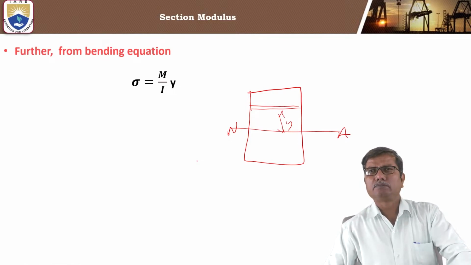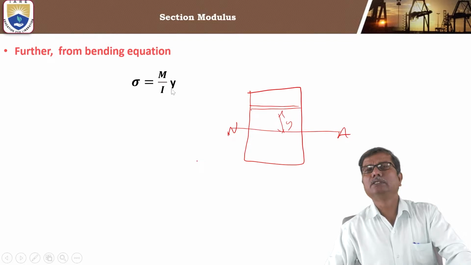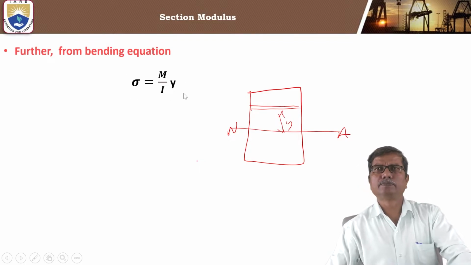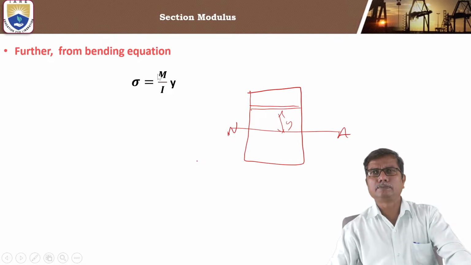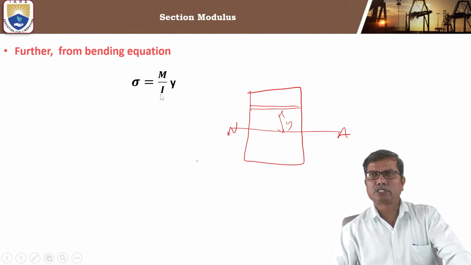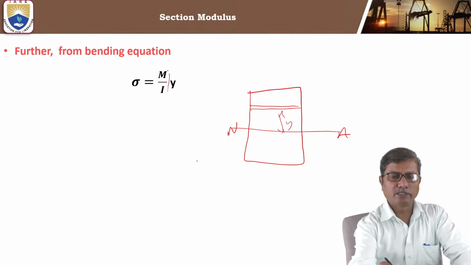From this equation it is clear that sigma is directly proportional to y, because for the given loading and cross section of the beam, M by I will be constant.